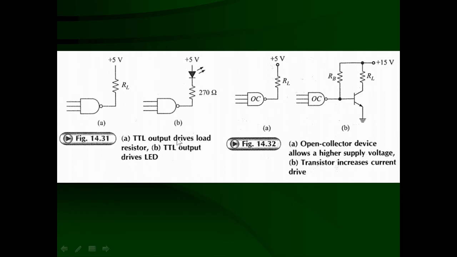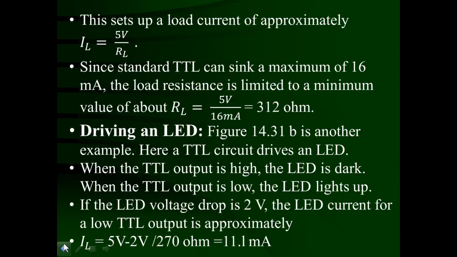So this way, TTL can drive a load. It can be anything, a speaker also, or anything which has a load resistance of a minimum of 312 ohms, or it should be higher than that. Or it can drive an LED also, it can drive a relay also, etc. This sets up a load current of approximately IL equal to 5 volt upon RL.